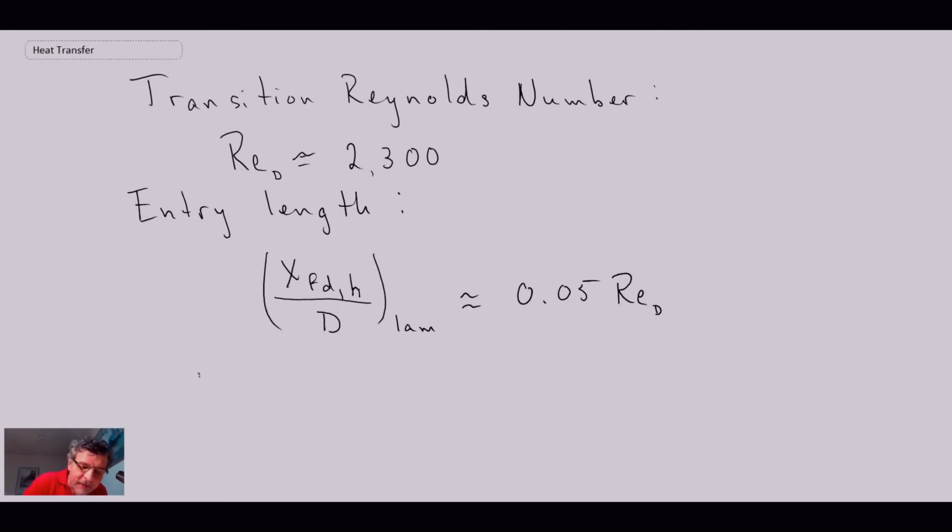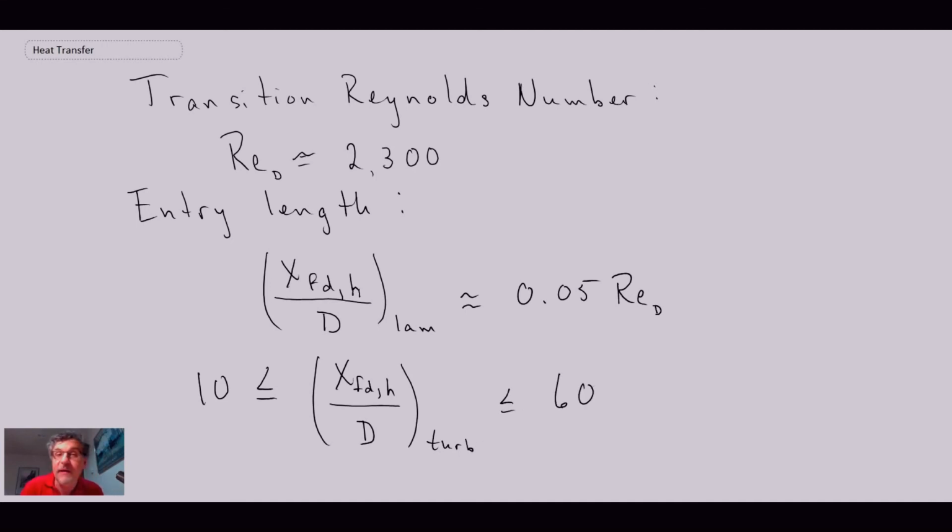And if we have a turbulent flow, so to get to fully developed flow for the hydrodynamic flow field, the rule of thumb is between 10 and 60 diameters.